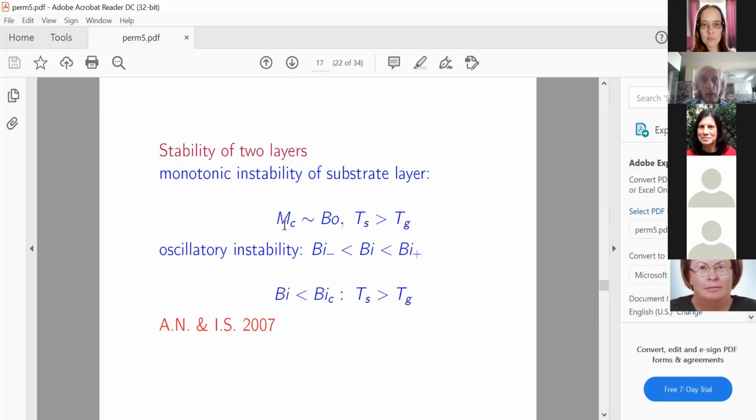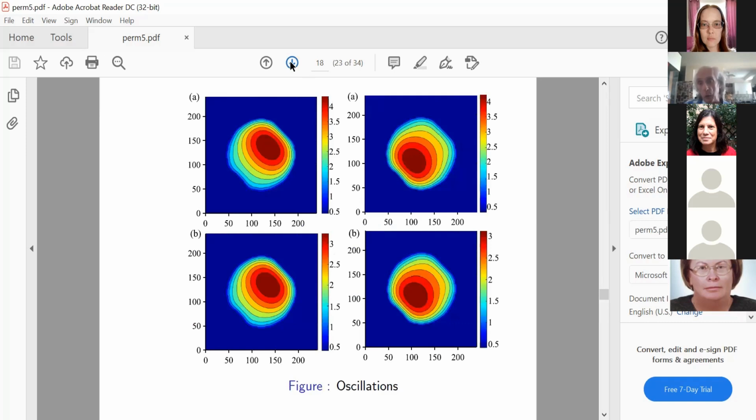And indeed, we observe instability in droplets, but of course now it's characterized not by the wave number, but by azimuthal wave number. This is an example of instability with azimuthal wave number 1.